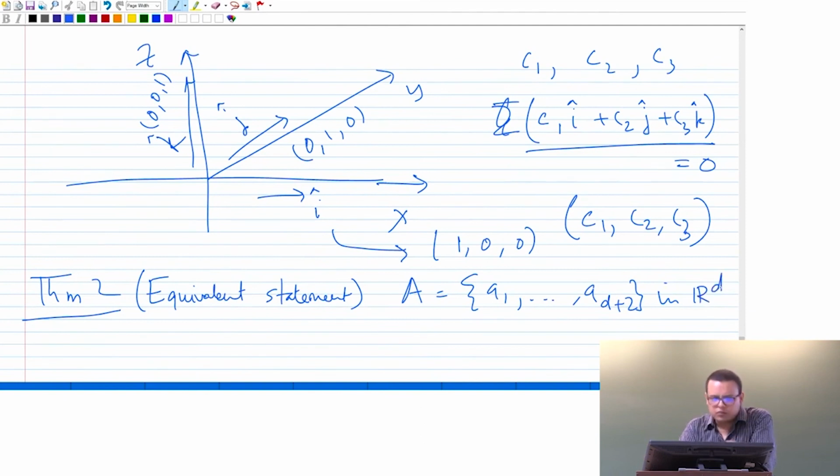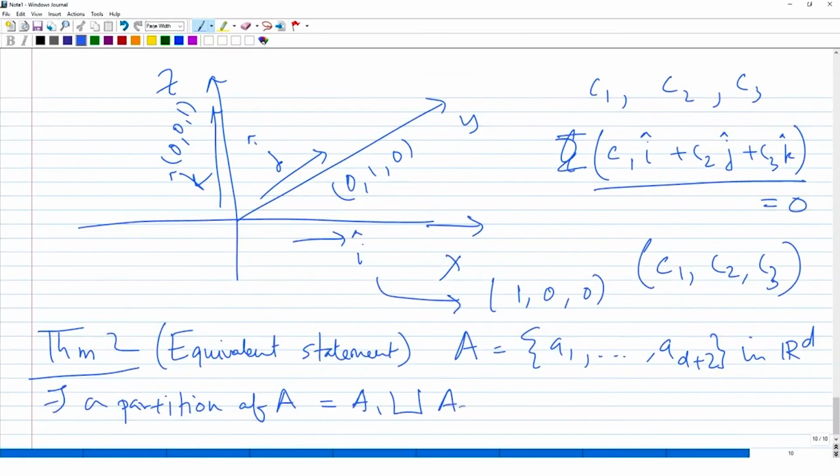Radon's theorem says you can find two disjoint subsets of A such that their convex hulls intersect. I want to give a separate statement: there exists a partition of A into two disjoint sets A1, A2 such that convex hull of A1 intersection convex hull of A2 is not equal to empty.